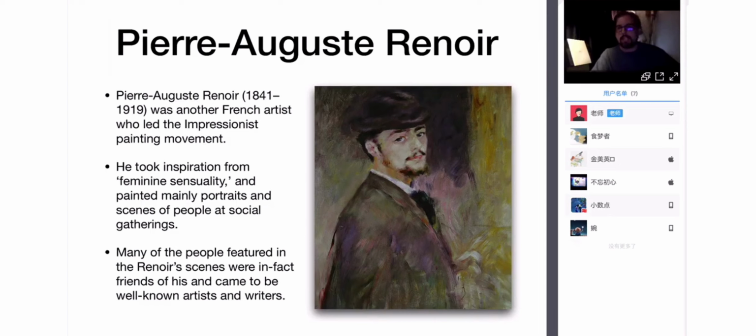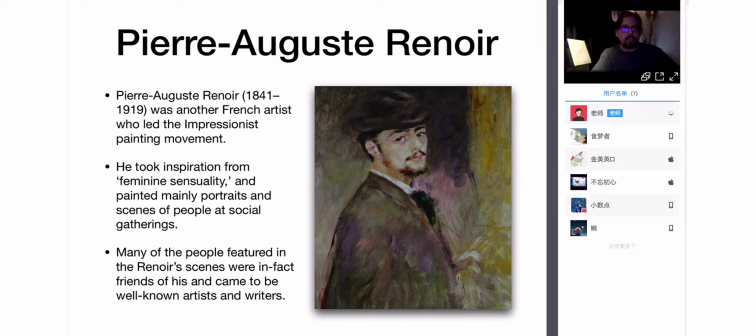So all of these painters sort of knew each other. They came from the same art academy in France. They knew each other quite personally. Pierre Auguste Renoir, another French artist who led the French Impressionist painting movement, took more inspiration from people. So he was more of a portrait artist.